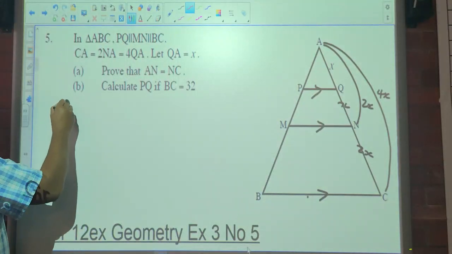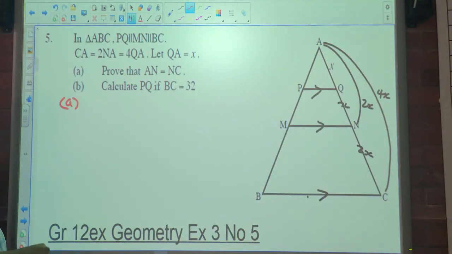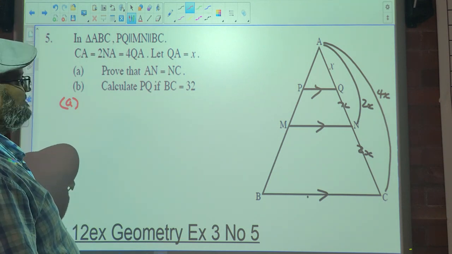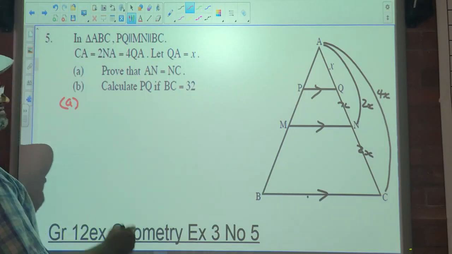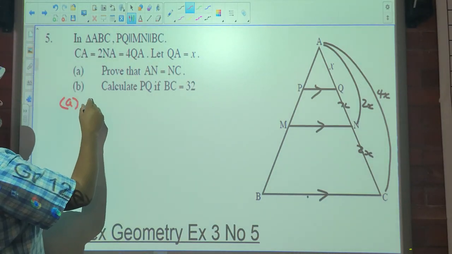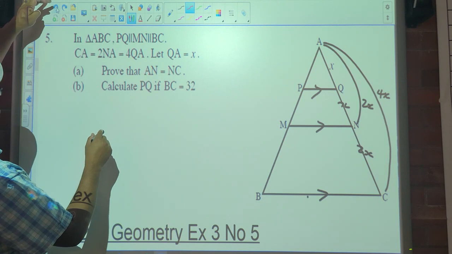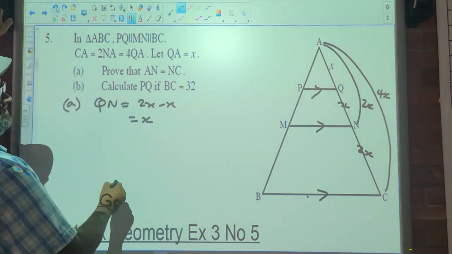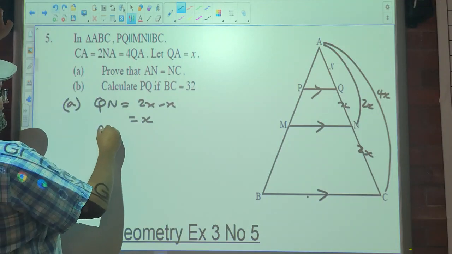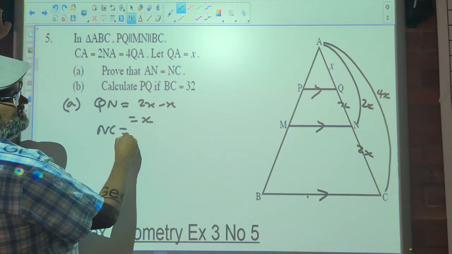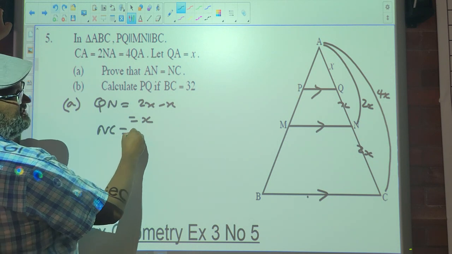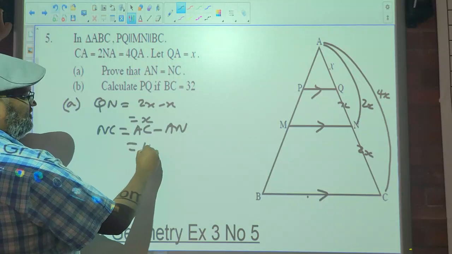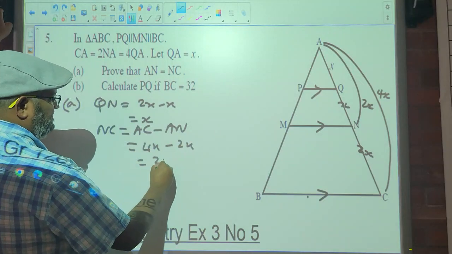First question. A. Prove that AN is equal to NC. So that's going to be your first step. And then NC is equal to AC minus AN, which is 4x minus 2x, which is 2x.